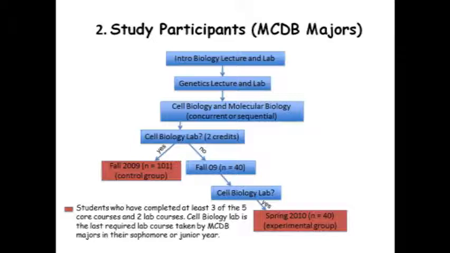Looking at the right-hand side, these students are the experimental group because they are taking the spring cell biology lab, which we incorporate a lot of control activities into. Are you clear with the participants for this study?